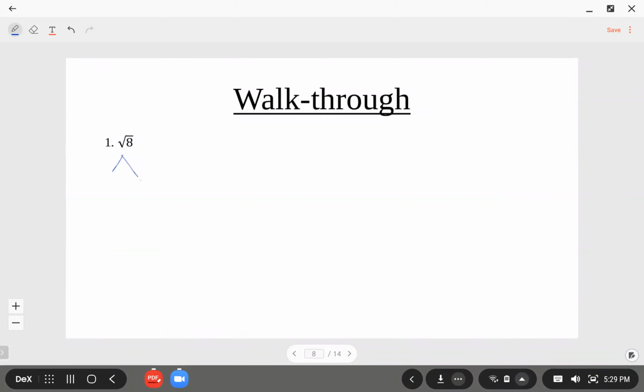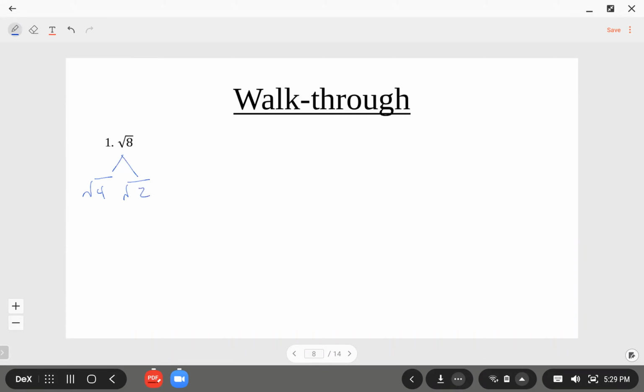So what is square root of 8? Before this, I need to make a point here. Square root of 3 times square root of 2 equals square root of 6. You can combine square roots through multiplication. That is a rule. So with that in mind, we can do this.